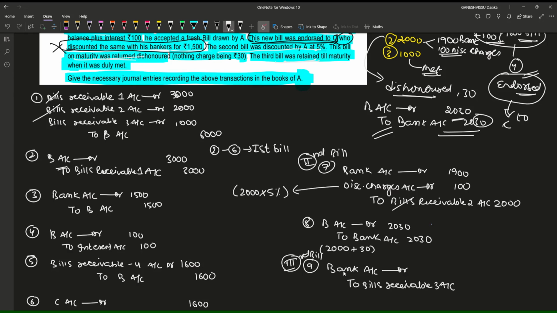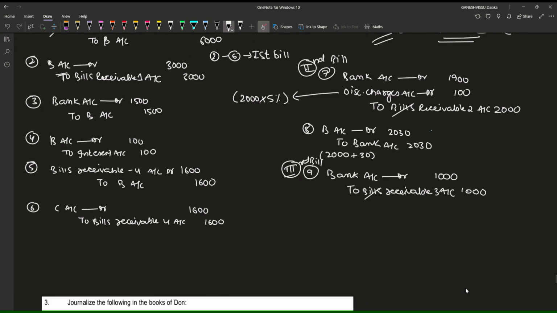Discharging the bills receivable against cash or bank, we can say. Bill duly met on maturity means that on the maturity date the amount has been received from our debtor. So we are going to cancel this bills receivable 3, and we are going to increase our bank balance by 1000 rupees.